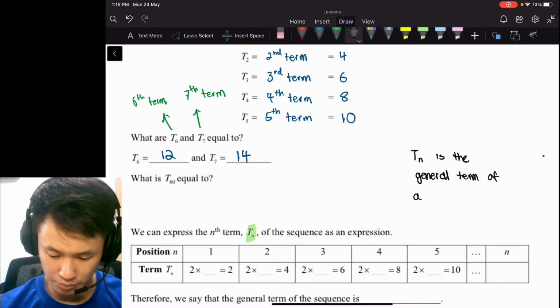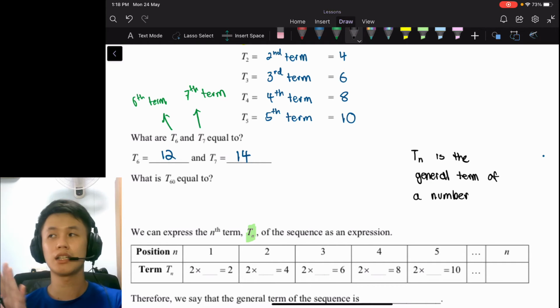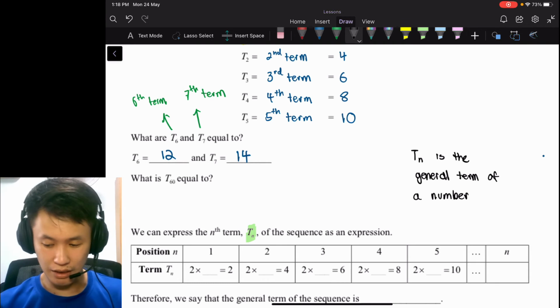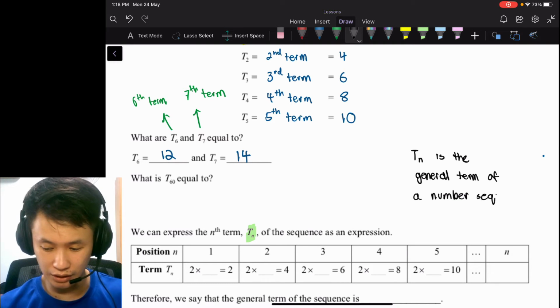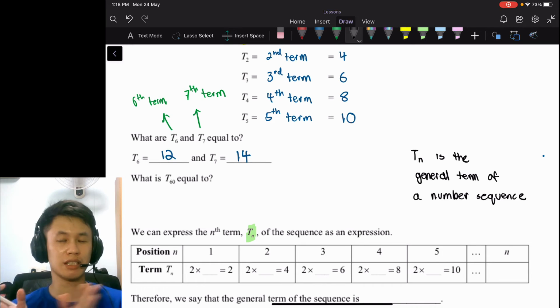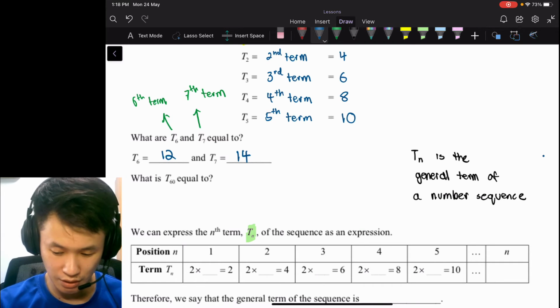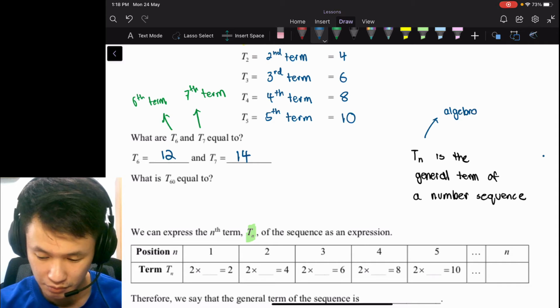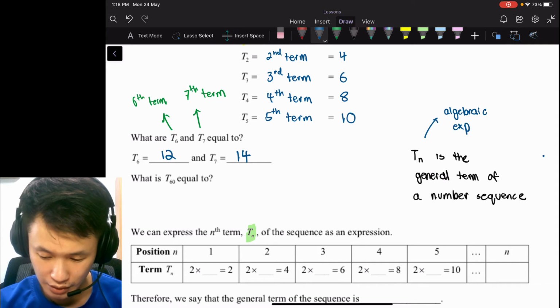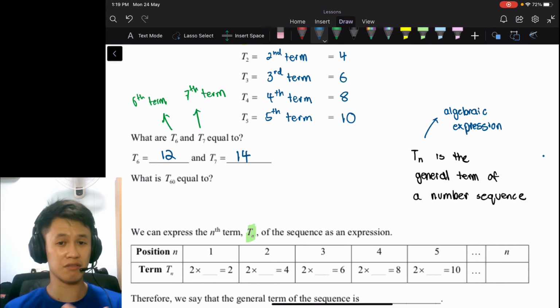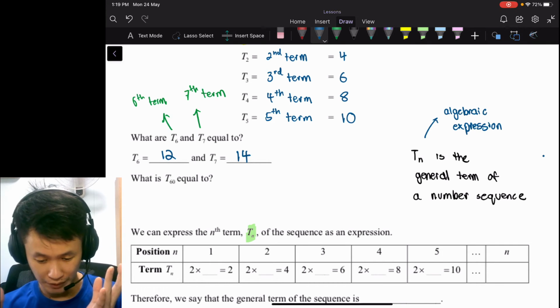This is very important because whenever I use Tn, it means I'm expressing the terms in terms of n. I say again, I'm expressing the term in terms of n. So Tn will be equal to some algebraic expression. With that being said, let's look at how to actually derive the nth term.